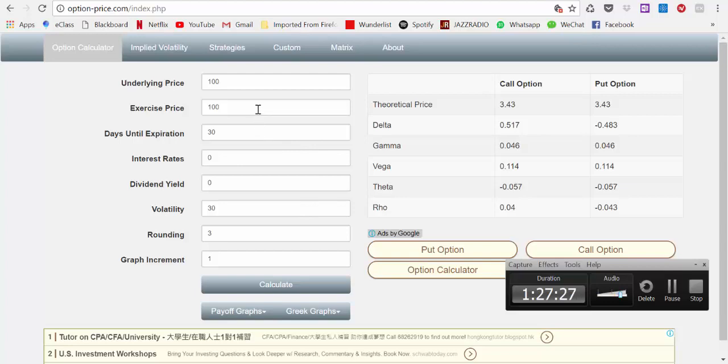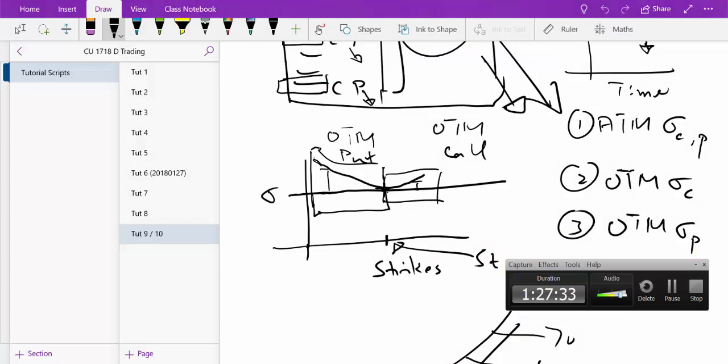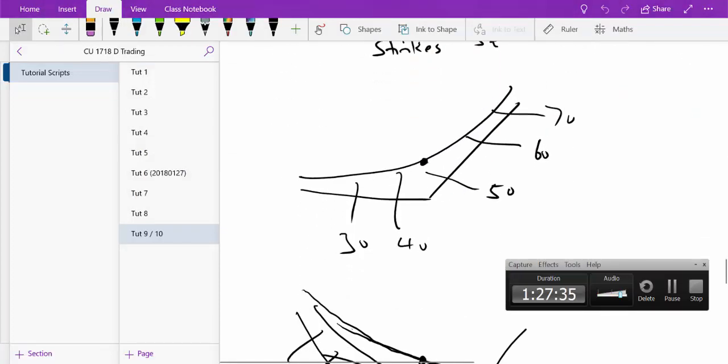The Vega of an option is always highest when it's at the money, because you are talking about the optionality of this part, which is at a maximum when it's at the money. So the Vega of an option somewhere here is very, very small, because there's not much optionality to speak of.